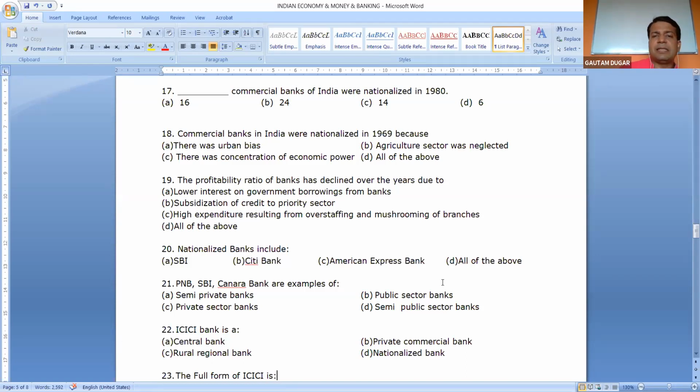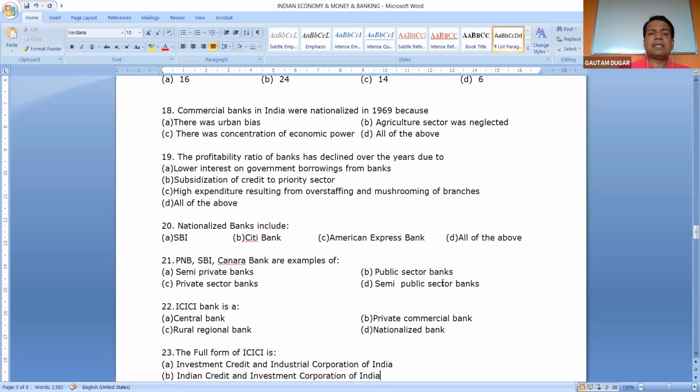Profitability of the banks has declined over the years because of all these 3 reasons. The answer is D. It's lower interest on government borrowing from the bank. Whenever the government is borrowing from the bank, the government is paying a low rate of interest. Subsidization of credit to the priority sector: priority sectors are given a lower rate of interest as per the instructions of the RBI.